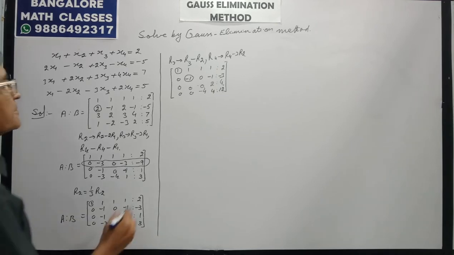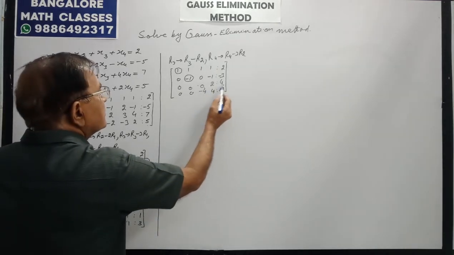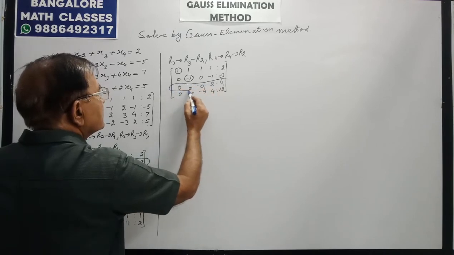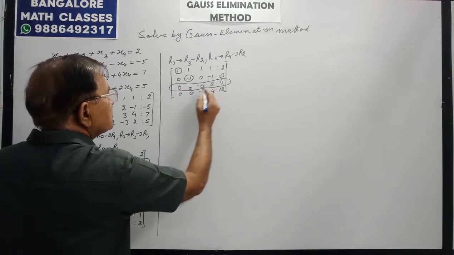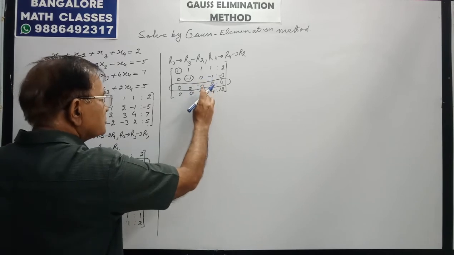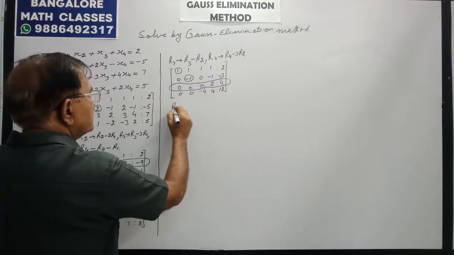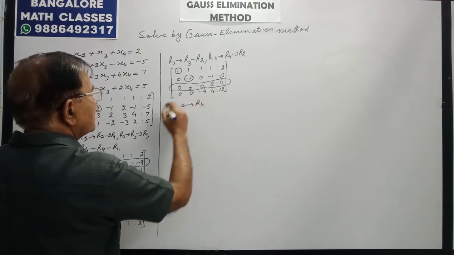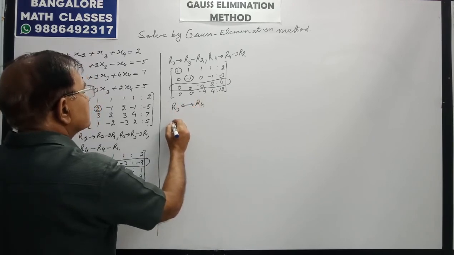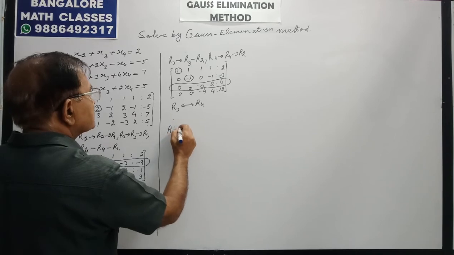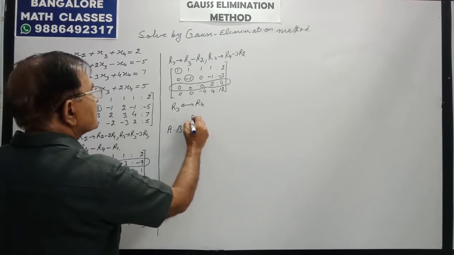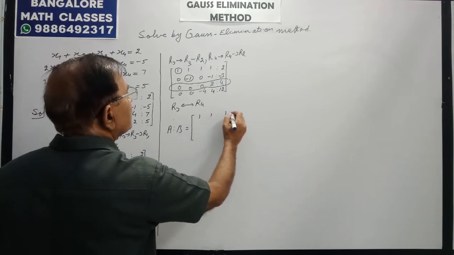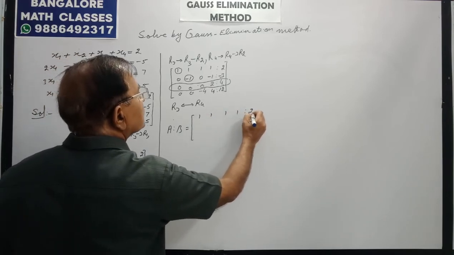Then see here, this entry. Here 0 is there. This 0 should be downward. What we will do? R3 to R4, R4 to R3. So the augmented matrix we will get as 1, 1, 1, 1 and 2.